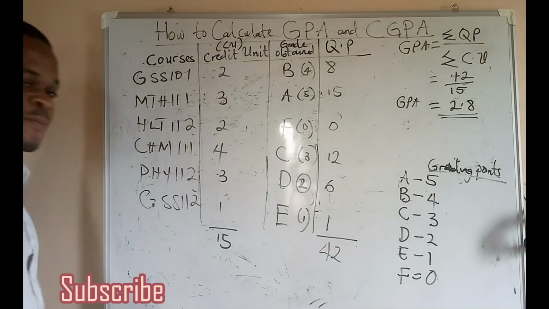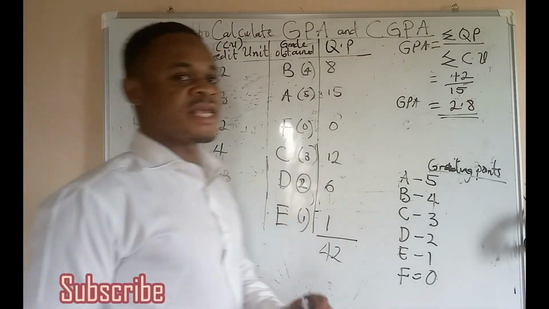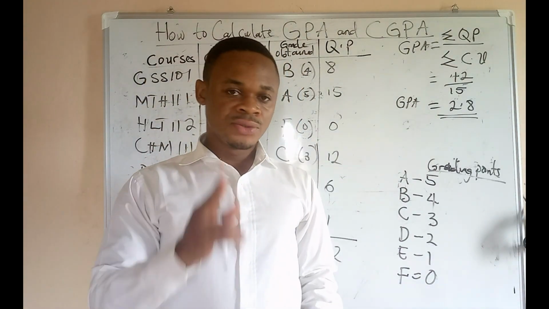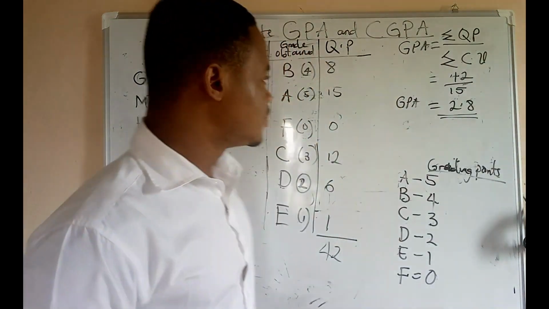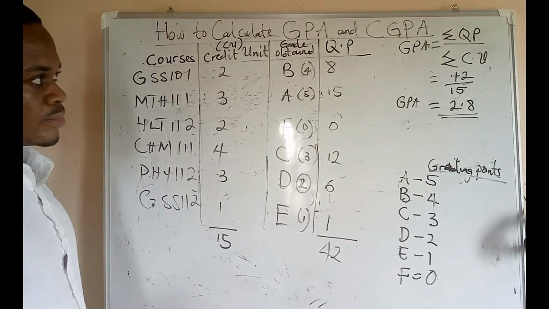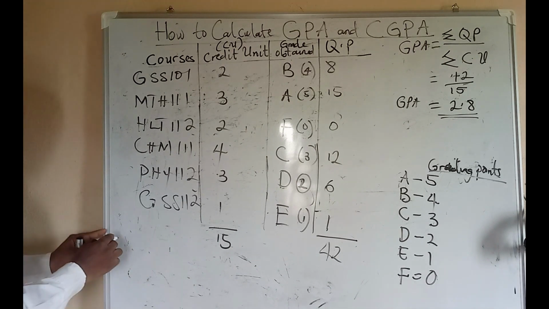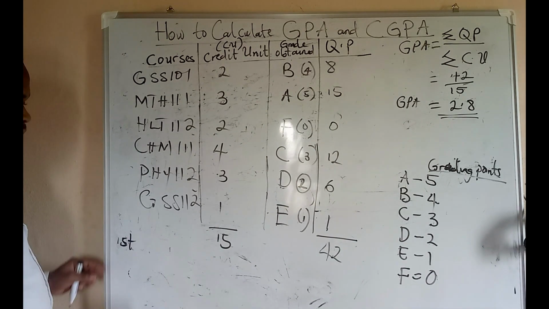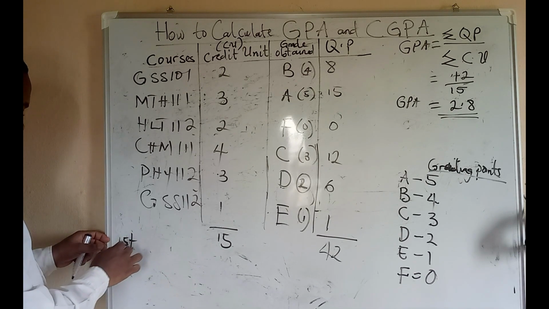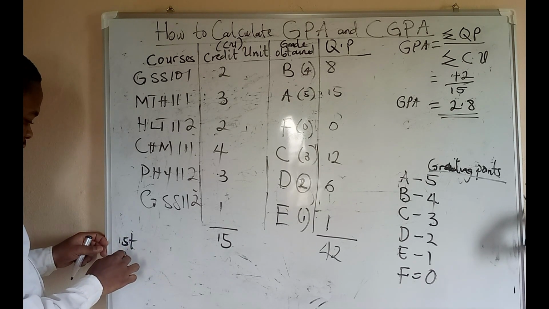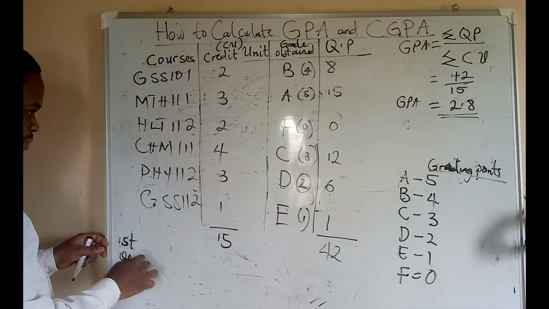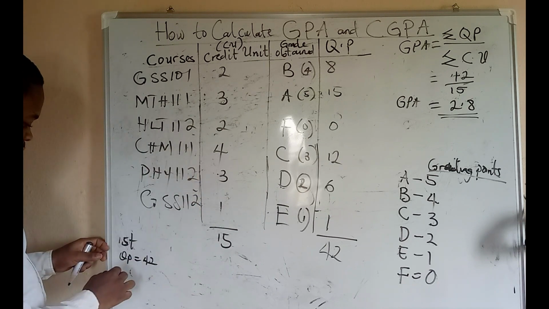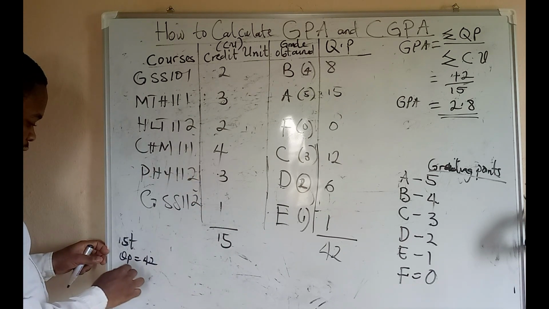Now to get CGPA, like I said, CGPA is calculated using at least 2 semesters. Let's assume that in the first semester, this person's quality point is 42, and the sum of all the credit units is 15.